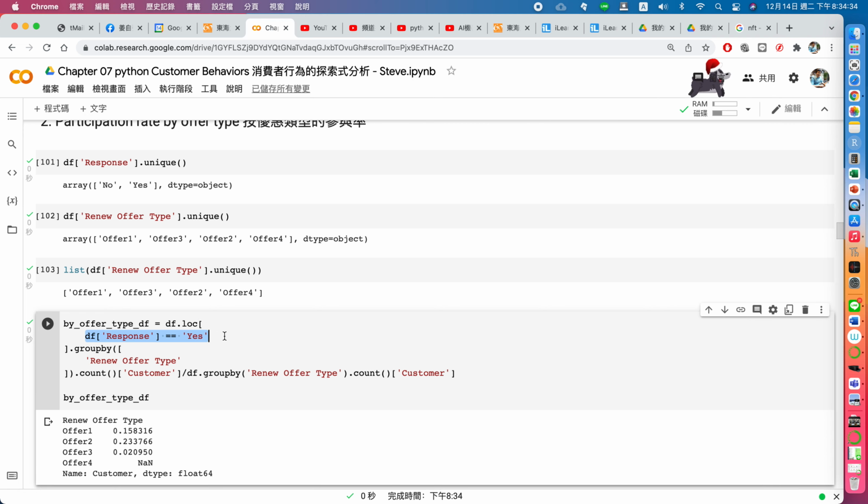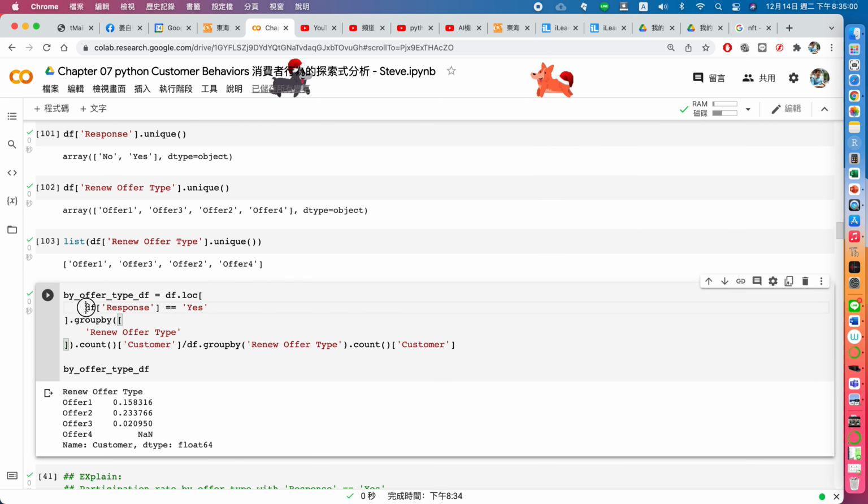So we have to analyze the behavior of the customers who do renew their car insurance. 我们现在只要分析 yes 就好了。So we retrieve the response statement with yes. 我们只要 retrieve yes 的这些人出来就好了。And also we retrieve the yes and group by the renew offer type, and count the numbers, also to have the percentage for each renew offer type.